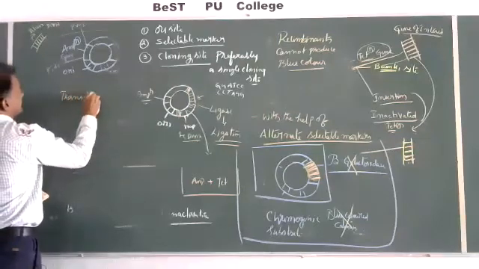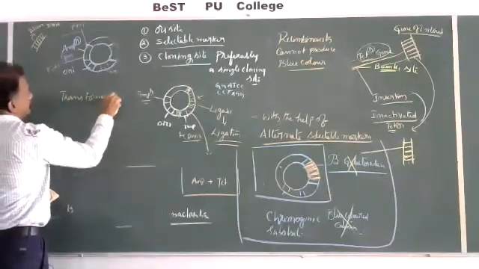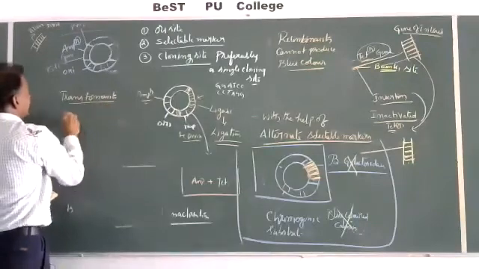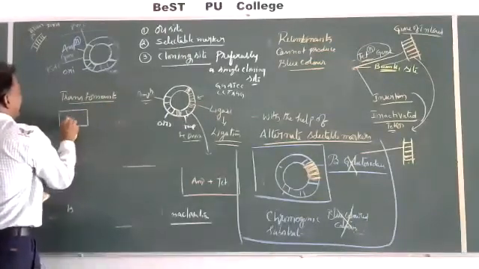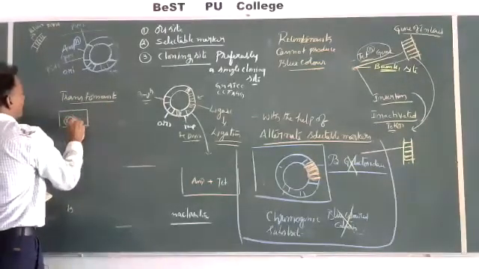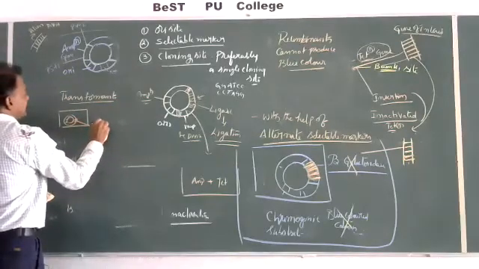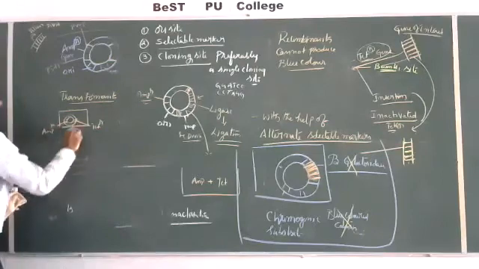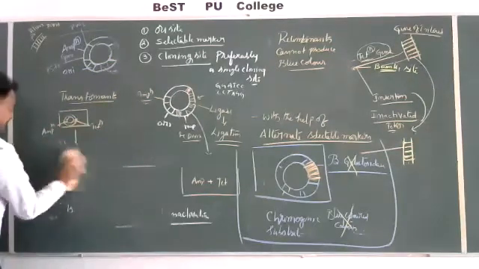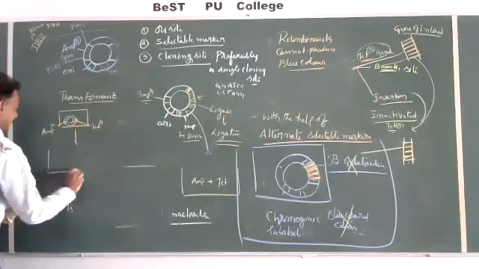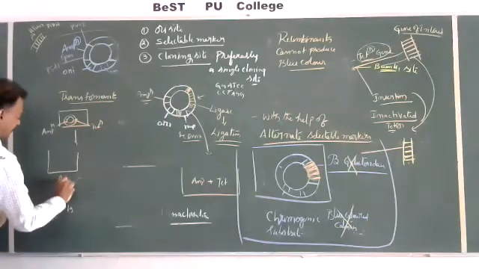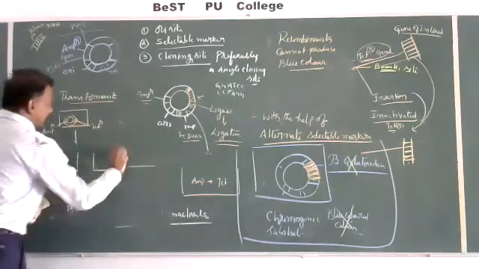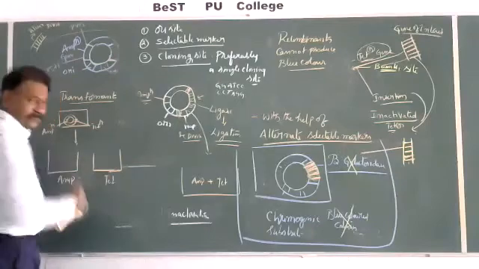Transformants means a bacteria having both tetracycline resistance and ampicillin resistance. When you drop them either in the ampicillin medium or the tetracycline medium, they will grow.